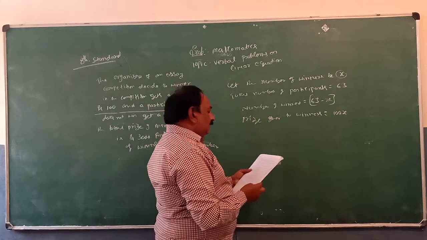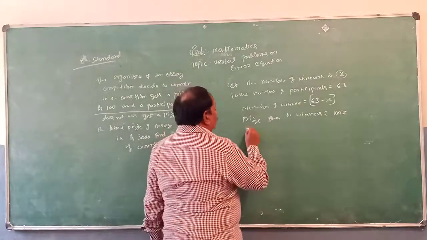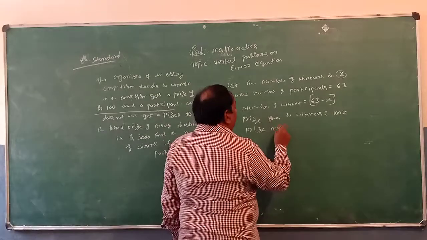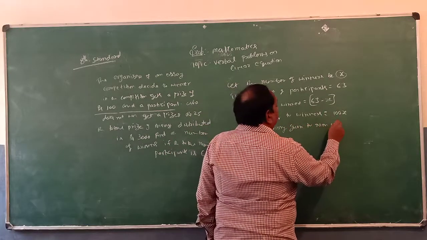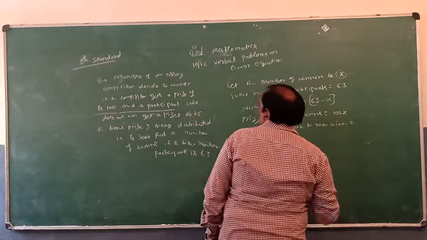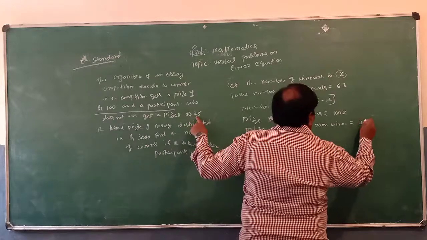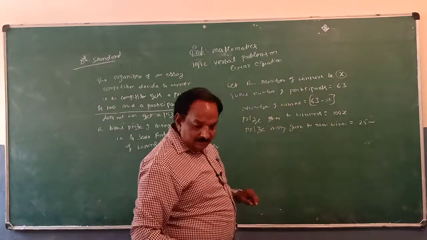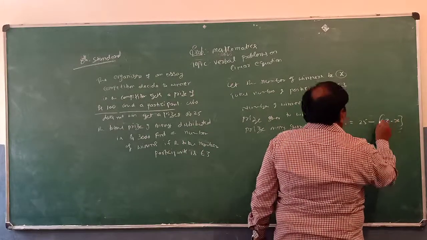Prize money given to non-winners: the prize for non-winners is 25, and the number of non-winners is 63 minus x.